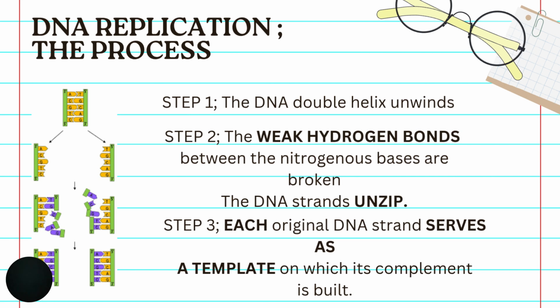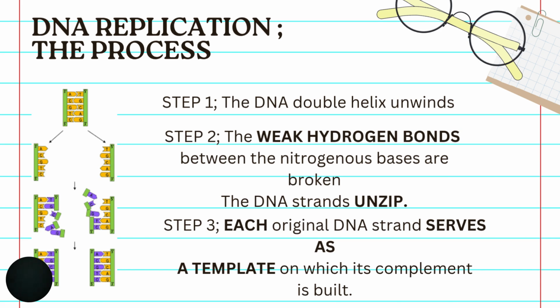There are weak hydrogen bonds between your nitrogenous bases, and those bonds hold the strands together. Those bonds will get broken and your DNA strand will start unzipping like a zip on your jacket.